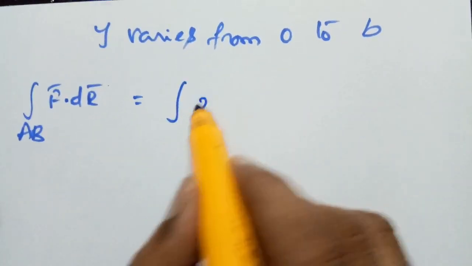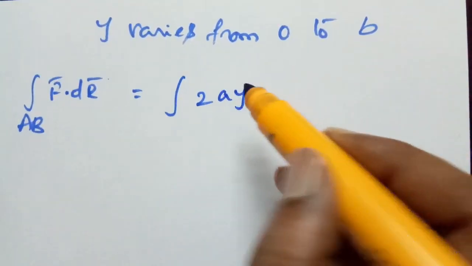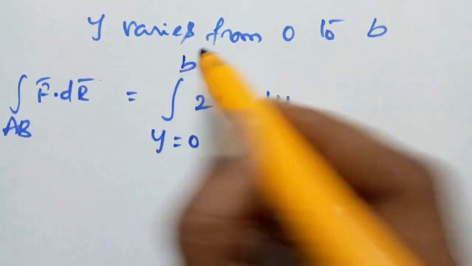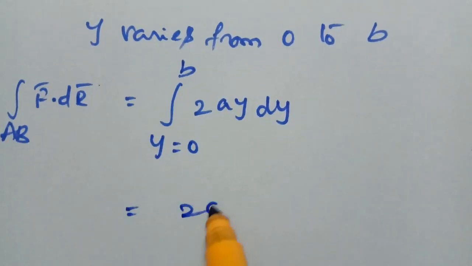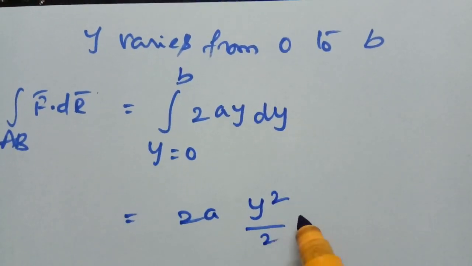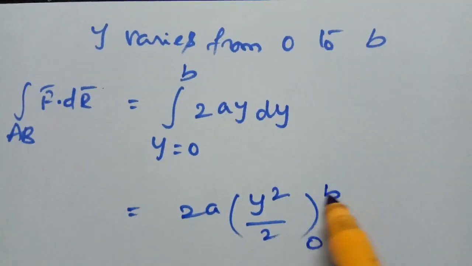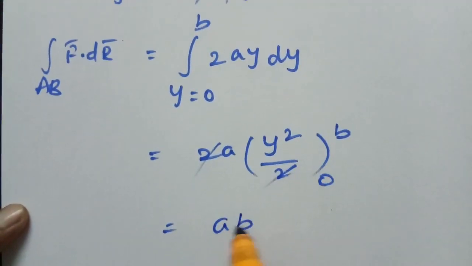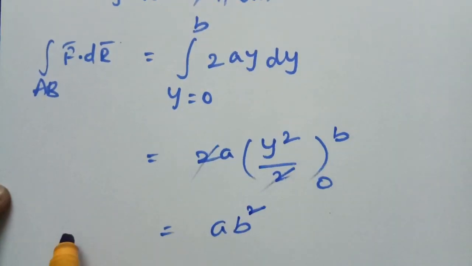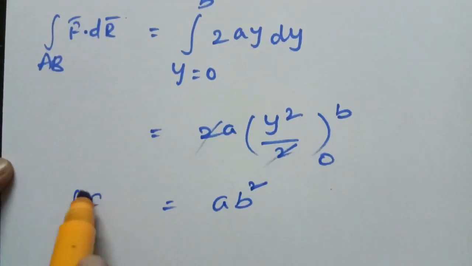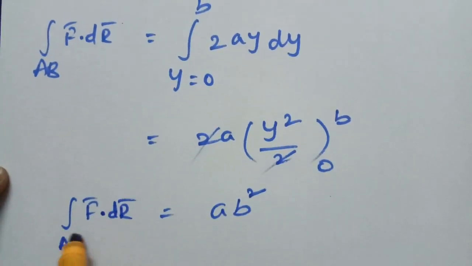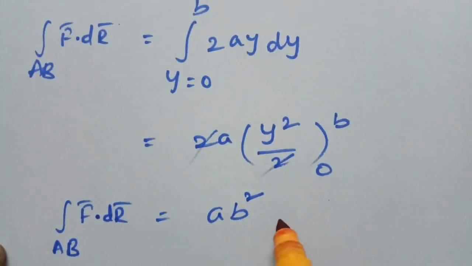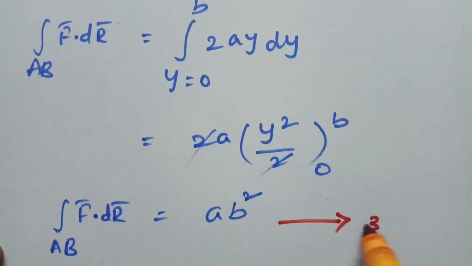Integral of 2ay dy, y varies from 0 to b, is equal to 2a constant, integration of y square by 2, limits 0 to b. The 2 cancels. So a into upper limit b square, lower limit is 0. So the integration of f bar dot dr bar along AB is ab square. Say this is equation number 3.